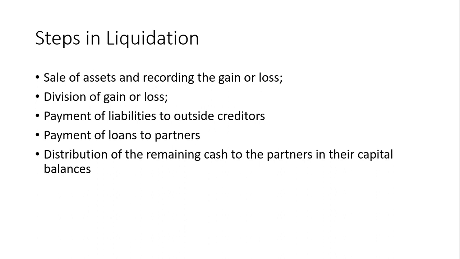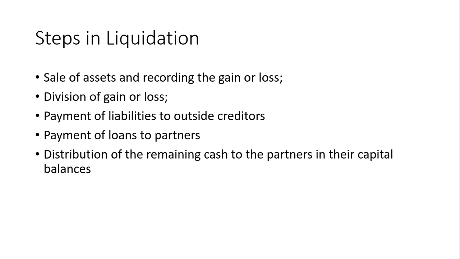Here are the important steps in the liquidation process. As I have mentioned, we'll need to sell all of our non-cash assets, and then record the gain or loss. Most likely, the non-cash assets are sold at a discount, meaning less than their book value, so there is a loss.